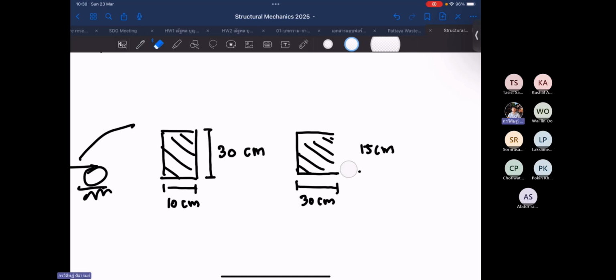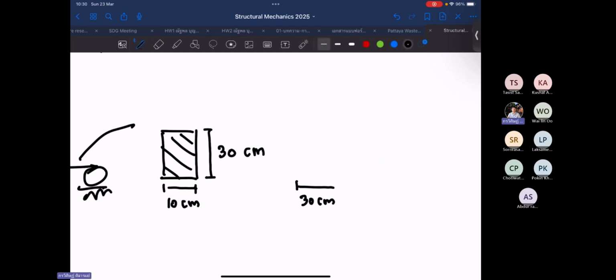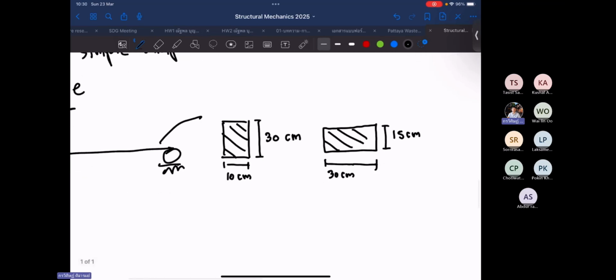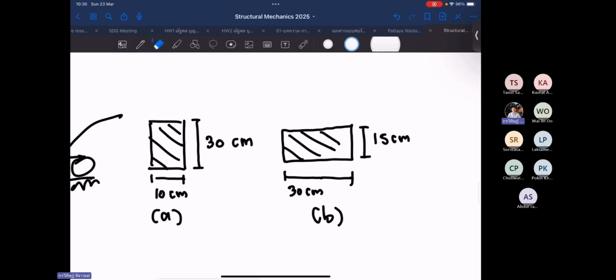But it's not to scale, so let me expand it a little bit. If the contractor asks me beam A or beam B, which one? Oh, but this one is not a good example. So let me make it the same, let's say 10.